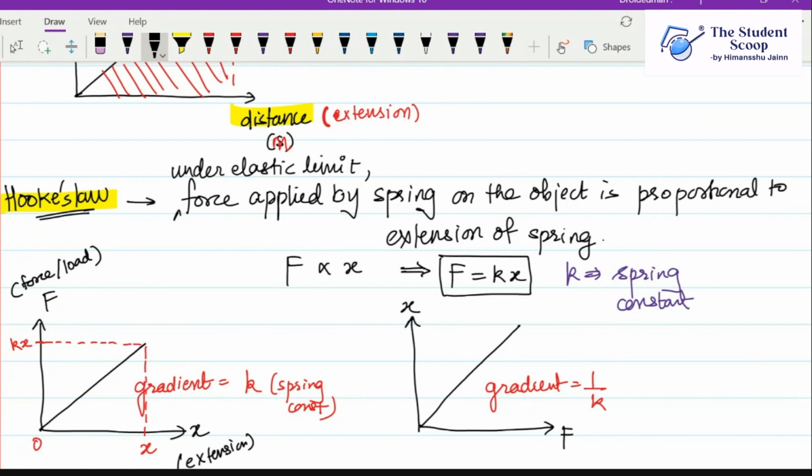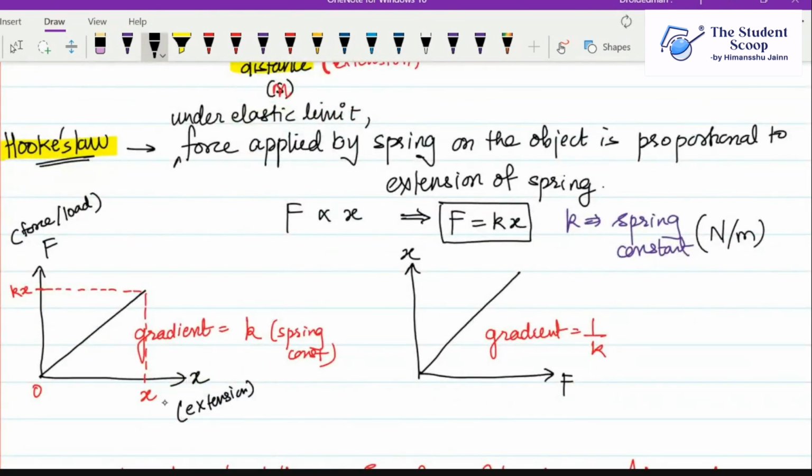Okay, under the elastic limit, F is directly proportional to x and F is equal to kx, where k is the spring constant and it has a unit of newton per meter. Okay, and if you plot a graph of force versus displacement, in this case, the gradient will be k, that is the spring constant, and if it is extension versus F, the gradient will be 1 by k.